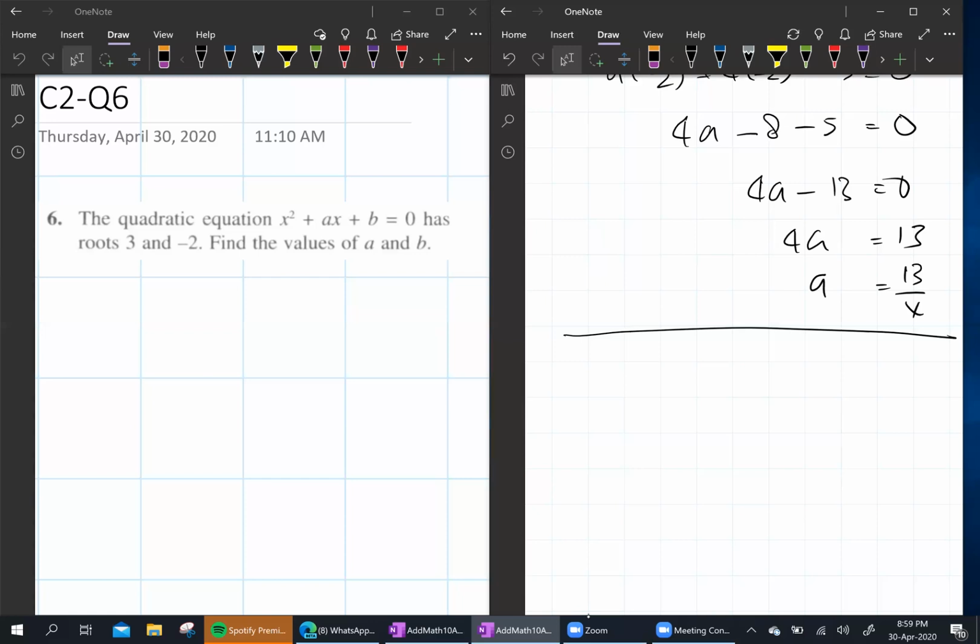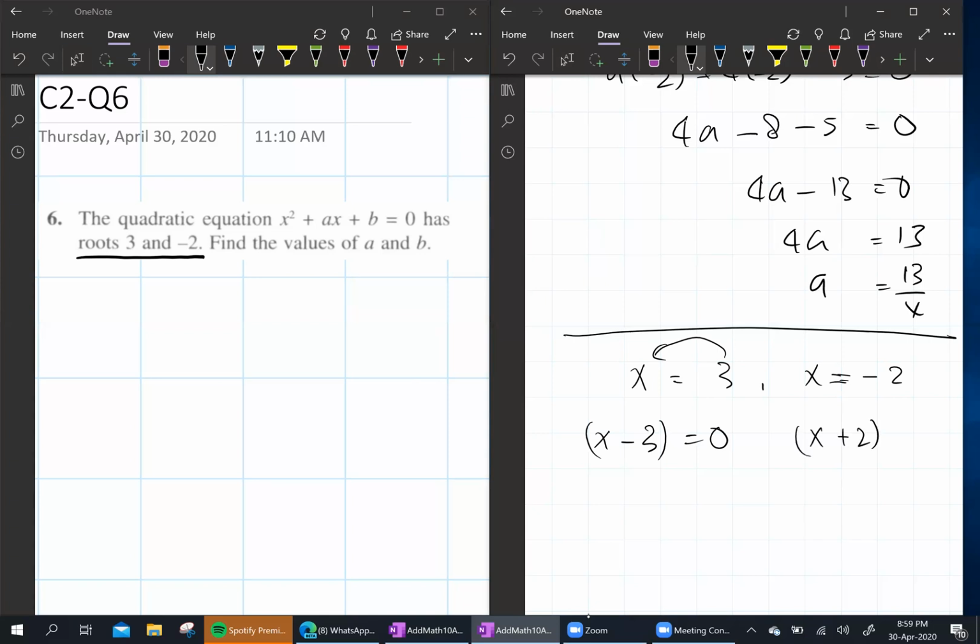About the equation, you have got roots of 3 and 2. That means your root is x equals to 3 and minus 2. So x minus 3 equals to 0, x plus 2 equals to 0.